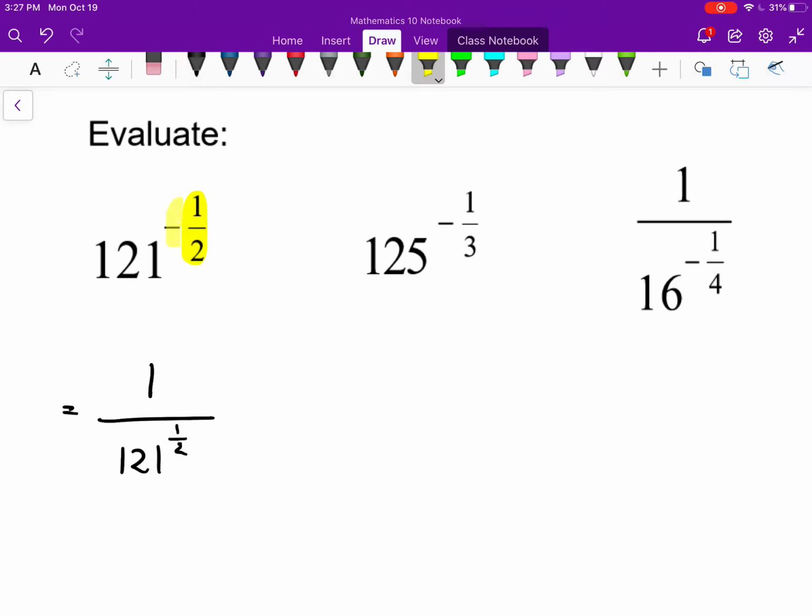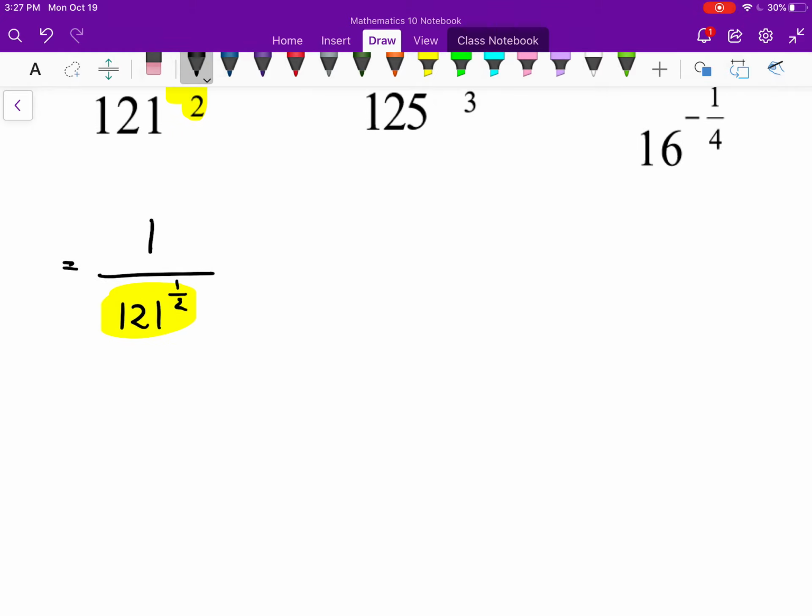And so 121 to the power of negative 1/2 must be the same as 1 over 121 to the positive 1/2. We saw that before. It doesn't matter if the exponent is a fraction. If the exponent is negative, it's equivalent to division. In this case, you're dividing by the square root of 121. And we already saw the square root of 121 is 11, so the same as 1/11.